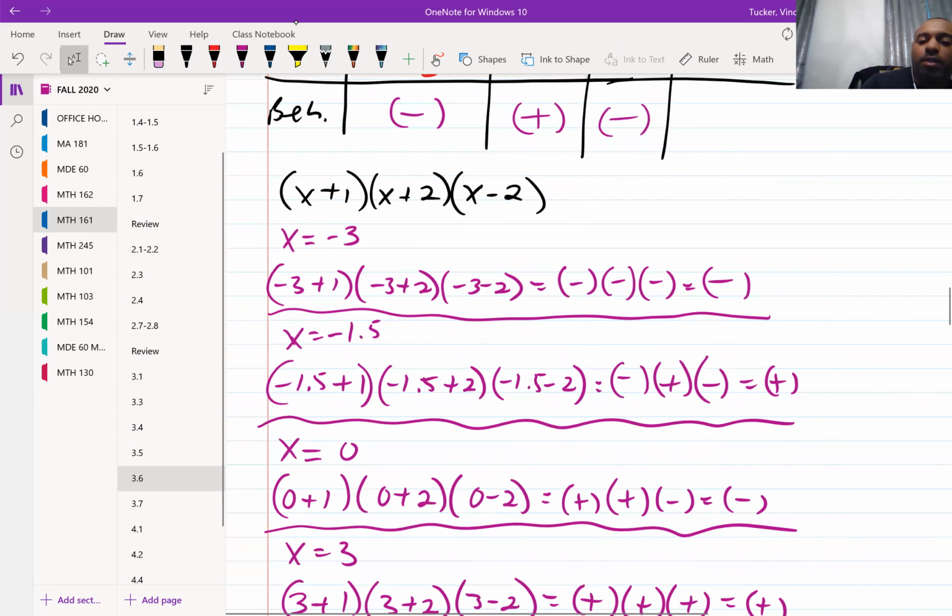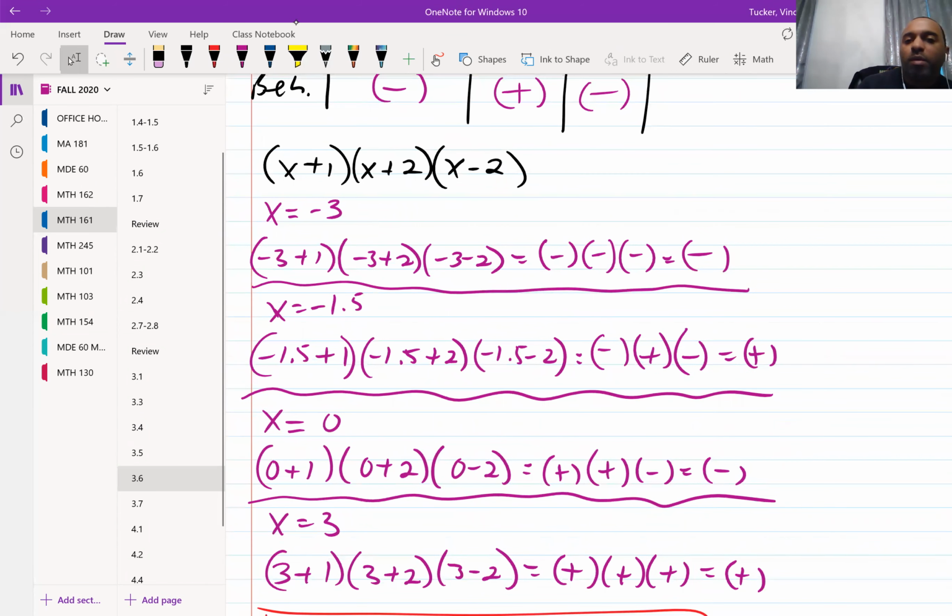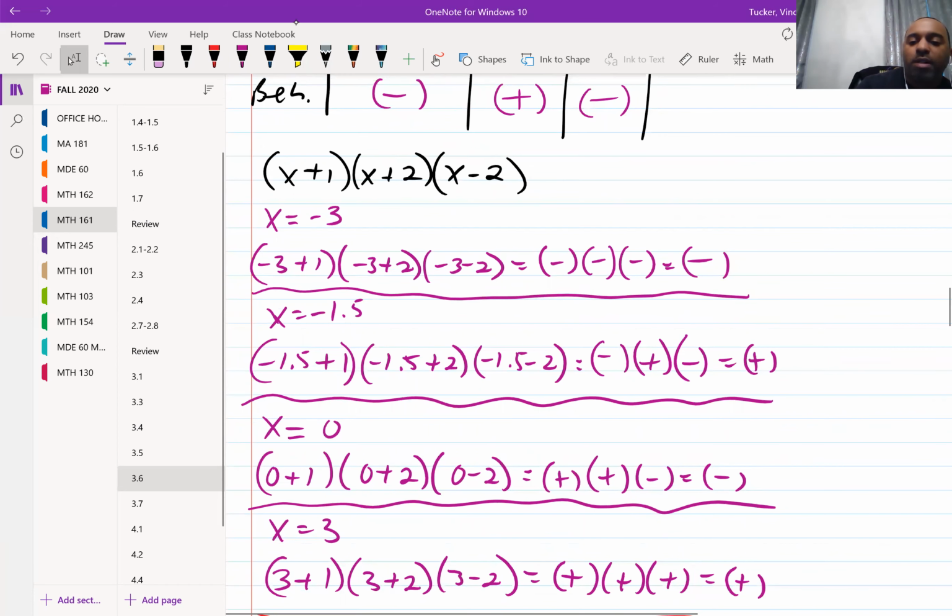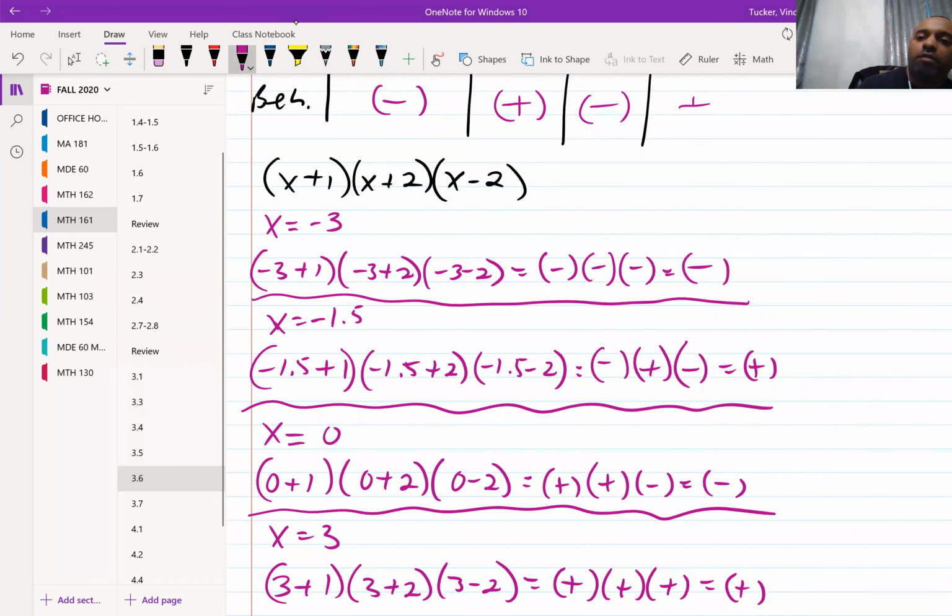Then plugging in 3 for the last one, positive times positive times positive will give me a positive result. Any questions?